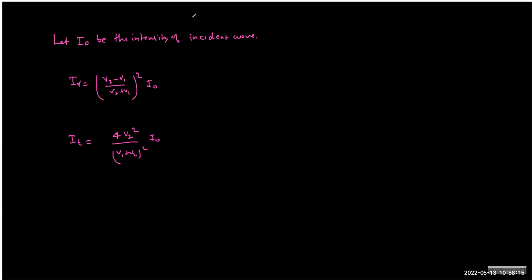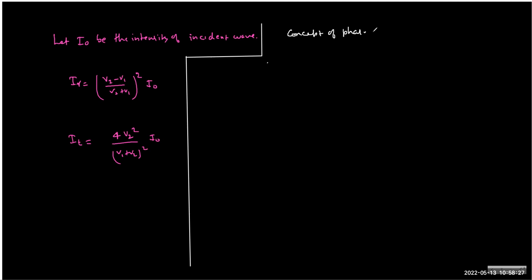And the transmitted will be... The next most important concept in wave motion is the concept of phase shift. Phase shift only occurs for reflection. Transmission never shifts the phase.